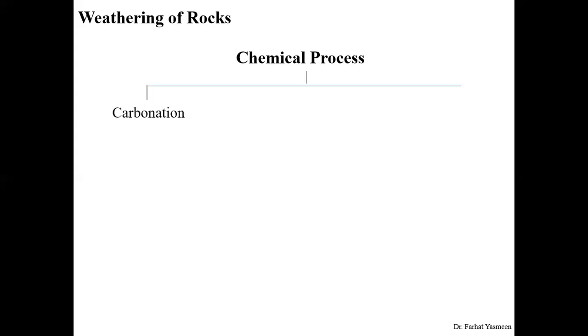So carbonic acid dissolves limestone, which over time makes underground limestone caves. The carbonic acid reacts with the limestone present in the rocks, and as a result these types of rocks are weathered.